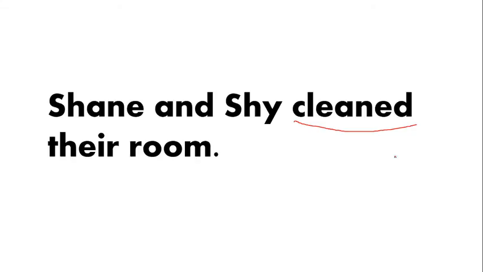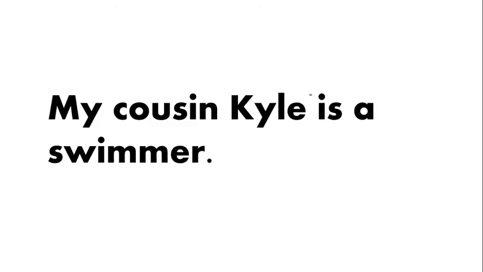So what do you think is the word cleaned, AV or LV? Very good. It's an AV, meaning it's an action verb. Alright, next. My cousin Kyle is a swimmer. The verb here is is. It links the idea between Kyle and swimmer, which means this is a linking verb.